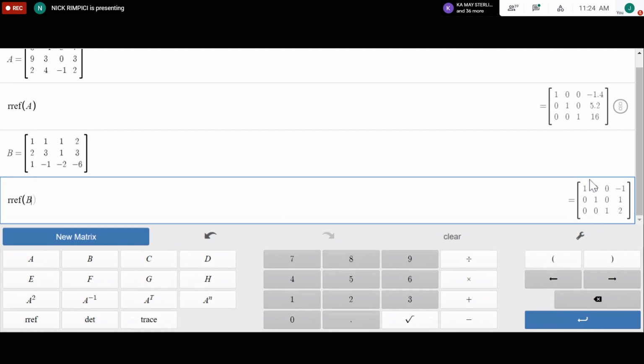So everything works out the way it's supposed to, and that means x is equal to -1, y is equal to 1, and z is 2. So (-1, 1, 2) is my solution.